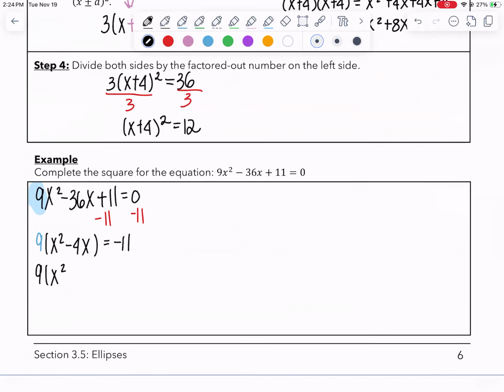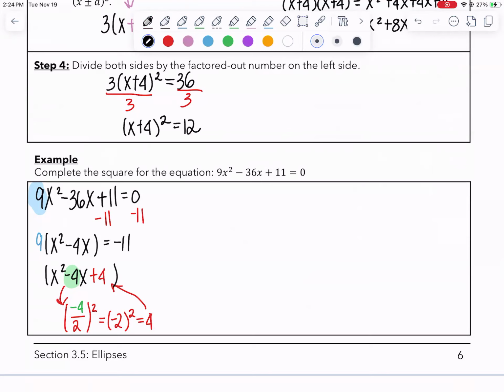I'm going to highlight this number here. We're going to take negative 4, divide it in half, and square it. Negative 4 divided by 2 is negative 2. Negative 2 squared is 4. So we are adding 4 on the inside here.